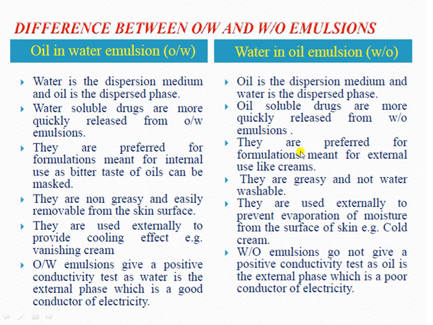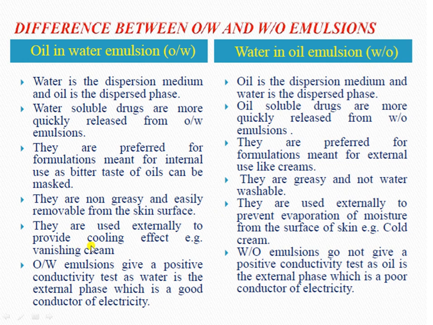Then W/O type of emulsions are preferred for formulations meant for external use like creams. O/W type of emulsions are non-greasy and easily removable from the skin surface, and vice versa is the case for W/O because they are greasy, with oil as a continuous phase, so it is not easily washable with water.